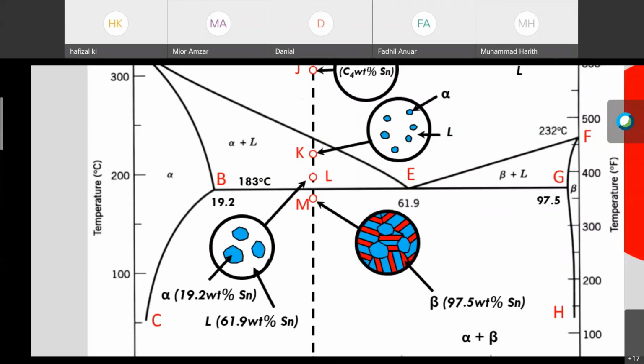Okay. Along the way tu, kalau kita tengok dekat sini, in term of microscopic diagram, kita akan nampak macam ni lah. Satu yang dekat sini liquid ni, then they start nucleation macam yang kita belajar sebelum ni.